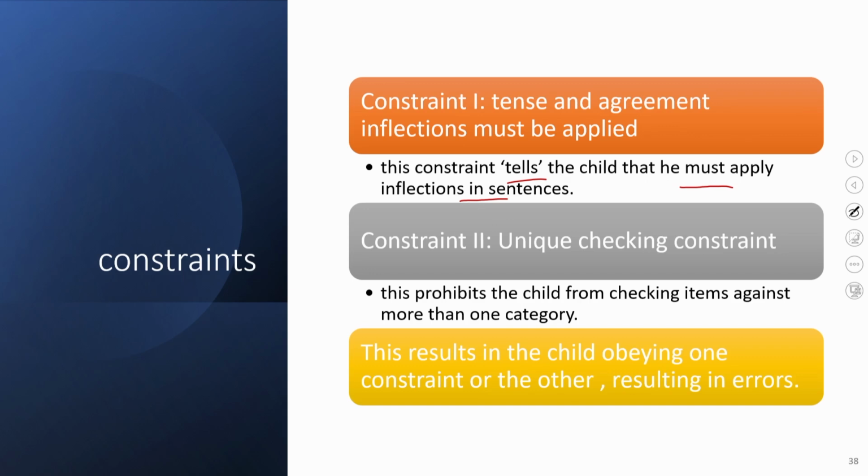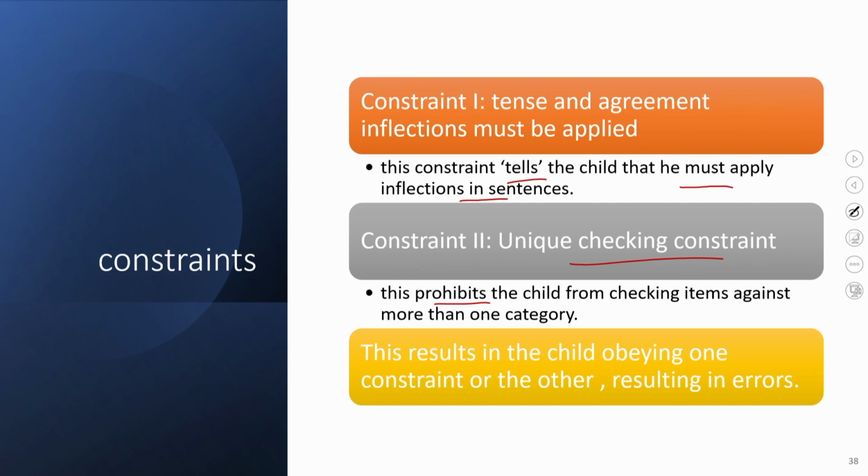Now, simultaneously there is another constraint, constraint number 2, which is the unique checking constraint, UCC. This prohibits the child from checking items against more than one category, like the inflection marking.